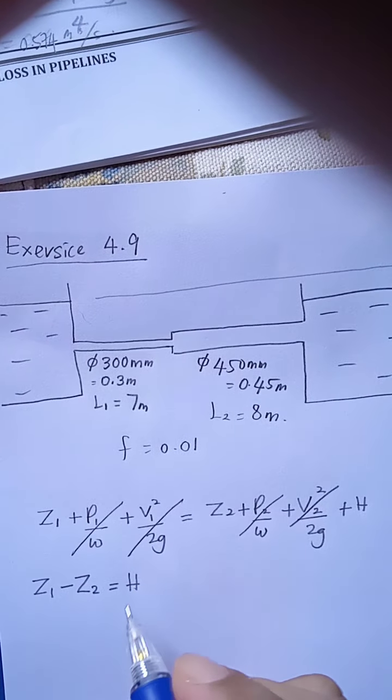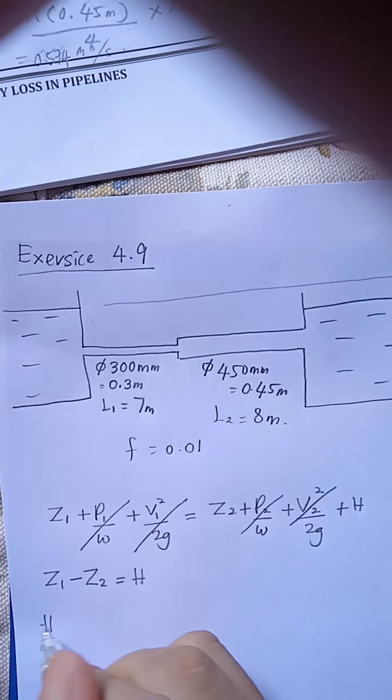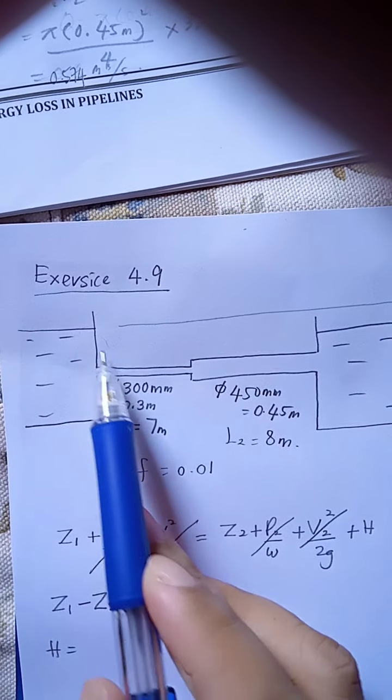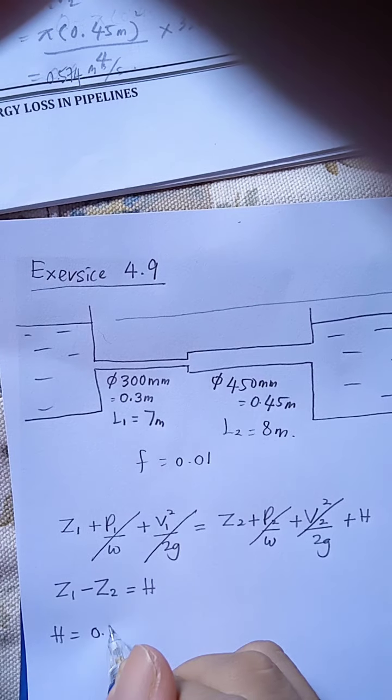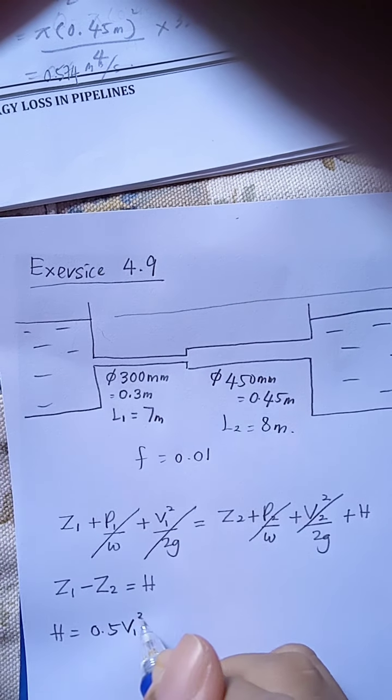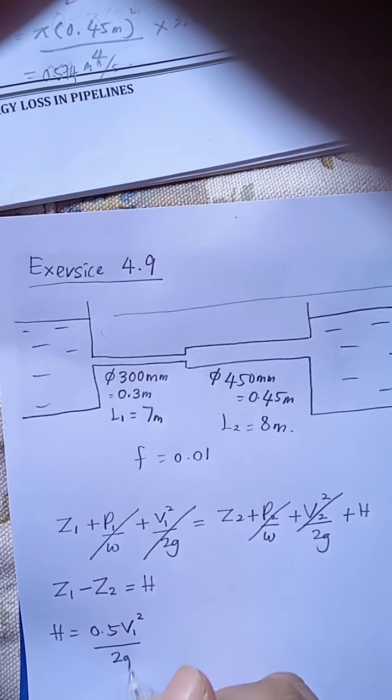So what is H? H is equal to, first, sharp entrance, which is 0.5 V1 squared over 2g.